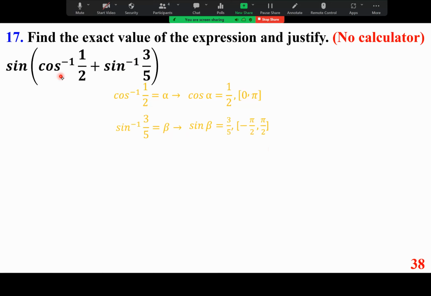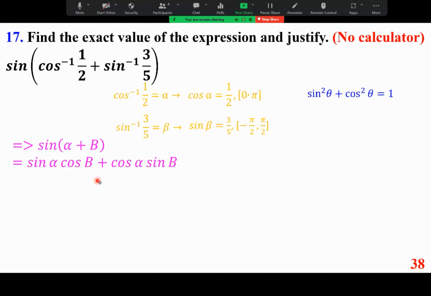So what you're looking for is sine of alpha plus beta. And as you know, sine of alpha plus beta has this formula, sine alpha cosine beta plus cosine alpha sine beta. Since we have cosine alpha and sine beta, over here we want to find sine alpha. Over here we want to find cosine beta, and then we plug it in. Sine squared plus cosine squared equals 1. That will help us find sine alpha.